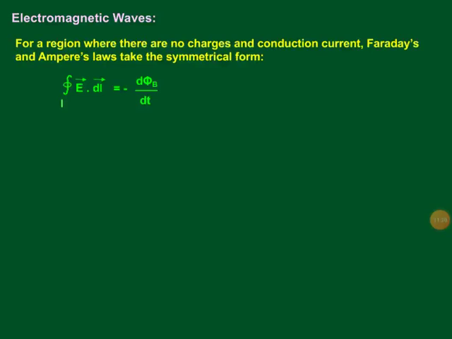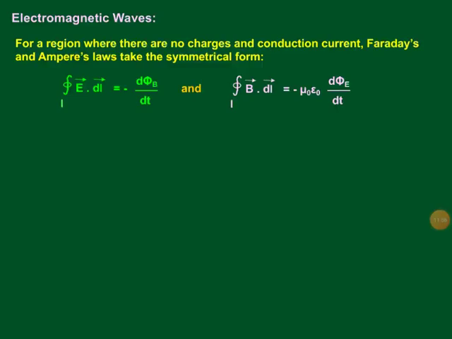The first one is Faraday's law, that the induced EMF is directly proportional to the rate of change of magnetic flux, and the second one is Ampere's modified circuital law, Ampere Maxwell's law, I should say.